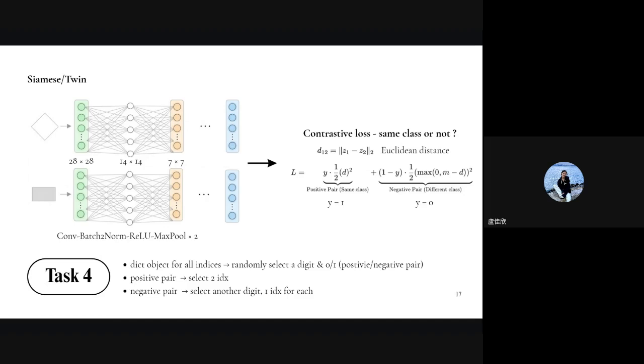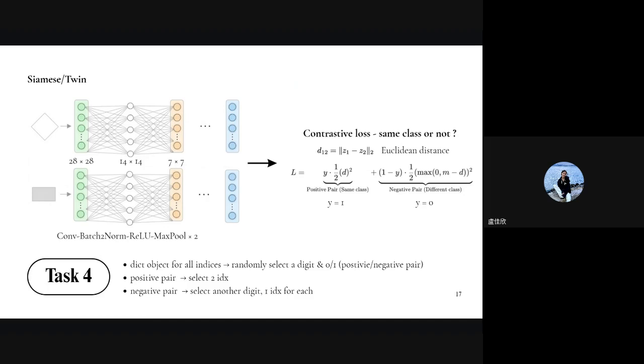If it's 1, we're generating a positive pair, then we will select 2 indices from that dictionary object of that digit. If it's a negative pair, we would randomly select another digit, and from the indices pool of that digit, select 1 index. To be honest, this is not the most perfect method. We will see in the following results that these methods of generating negative and positive pairs have some limitations, and we'll cover it later.